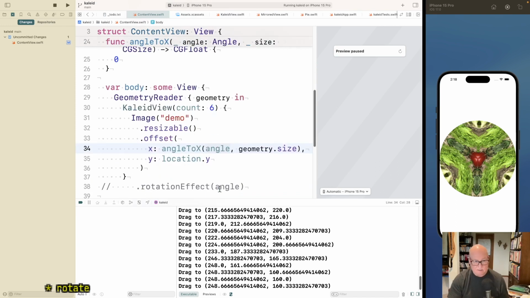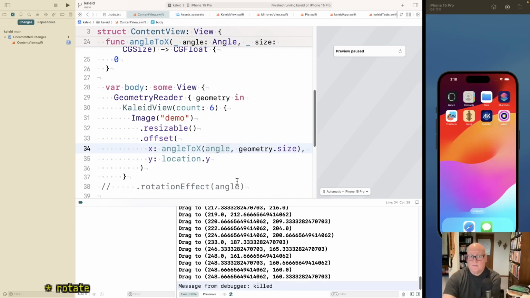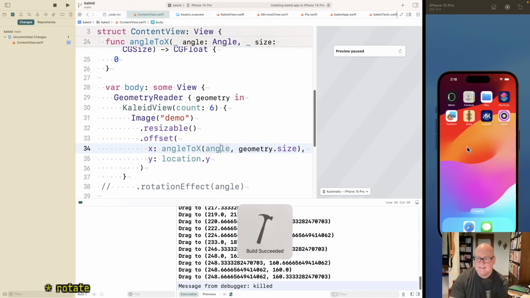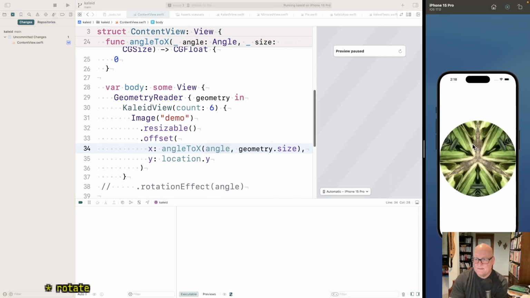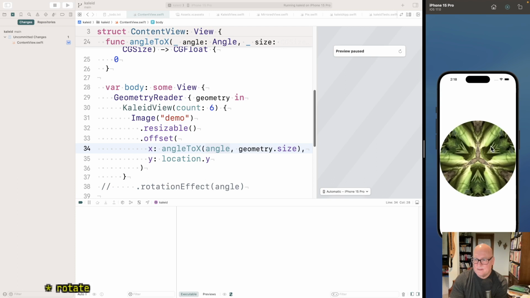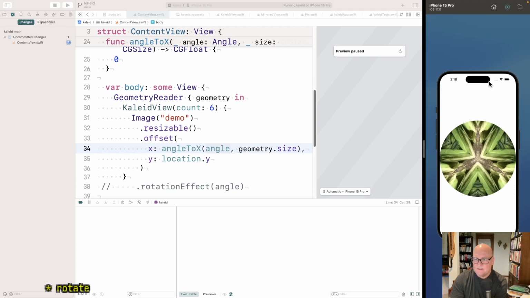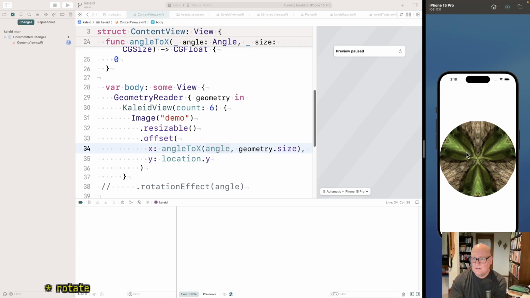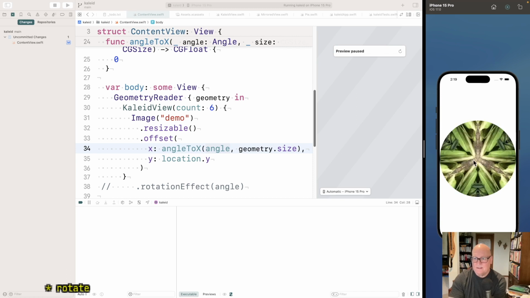Okay, I think this will do something. Okay, my drag gestures still do something. But X doesn't matter, only Y matters. Okay, because X always returns 0.